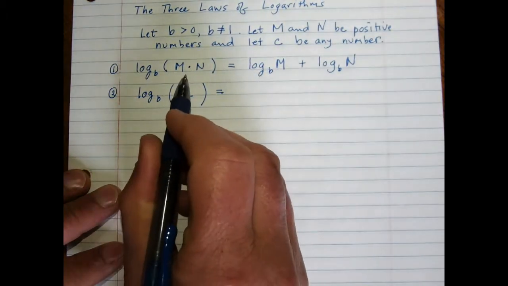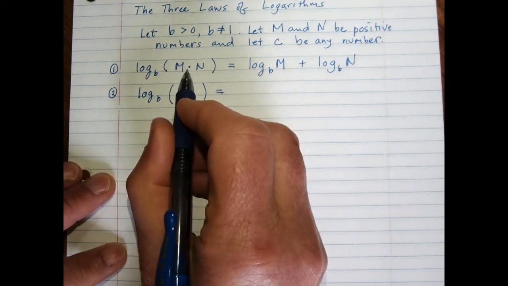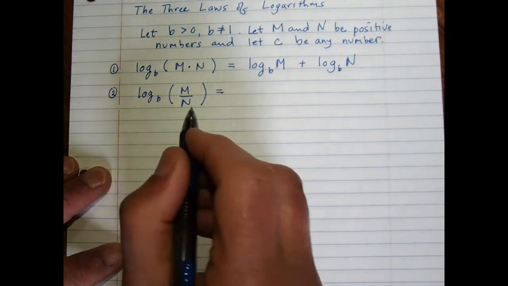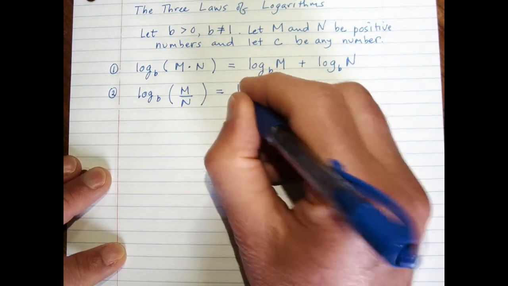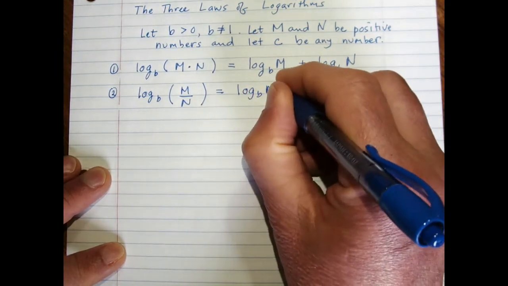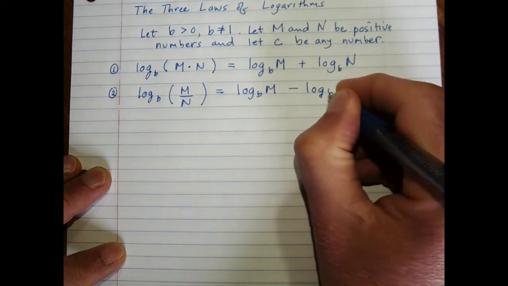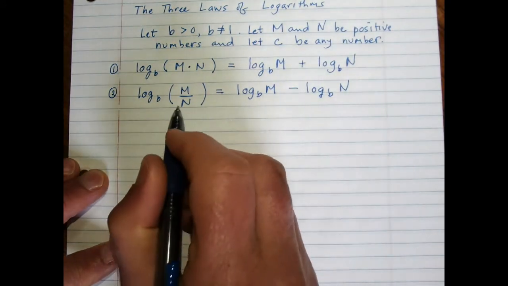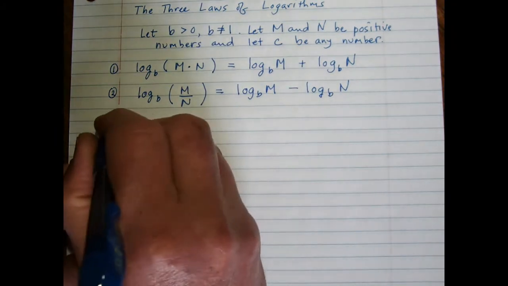And it's very analogous to law number 1, where law number 1 involves multiplying here and adding here. Law number 2 involves dividing here. That's going to equal log base b of m minus log base b of n. It involves subtraction over here. So log of the quotient is the difference of the logs.